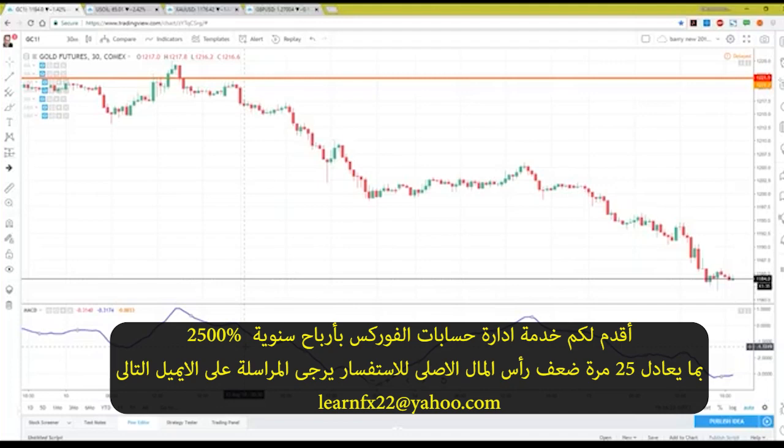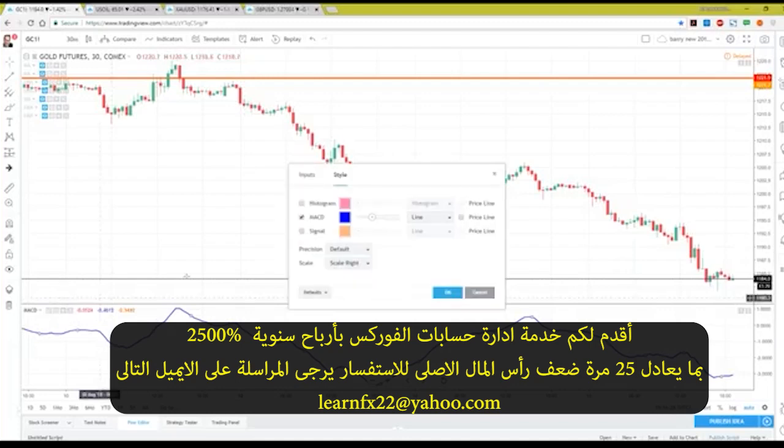The third line on the MACD is called a trigger line. This trigger line, or the signal line, we're going to make that in red.